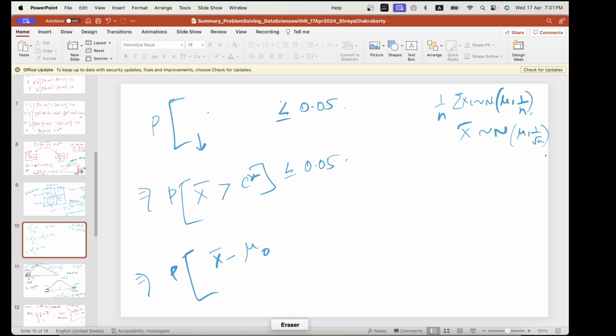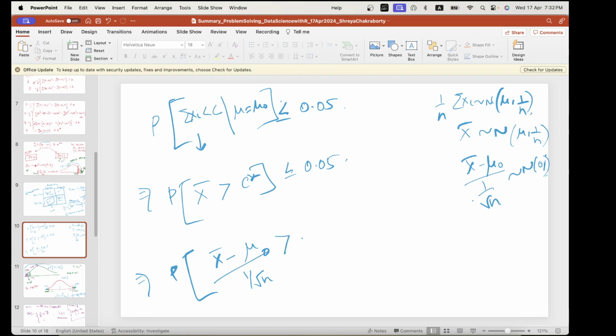Then x bar minus mu naught, divided by 1 by root n, follows a normal 0, 1 distribution. So if I write x bar minus mu naught by 1 by root n greater than some c prime, this probability should be less than or equal to 0.05.